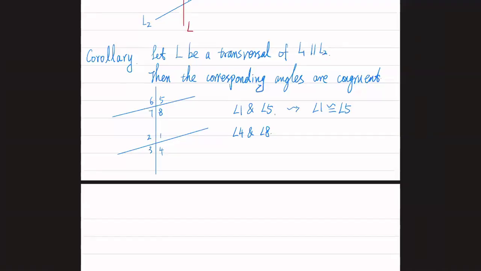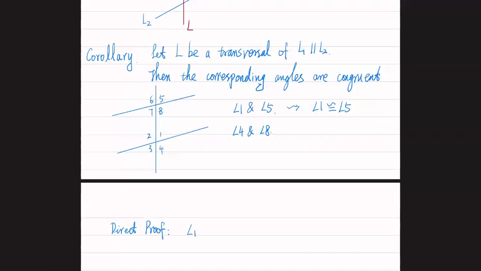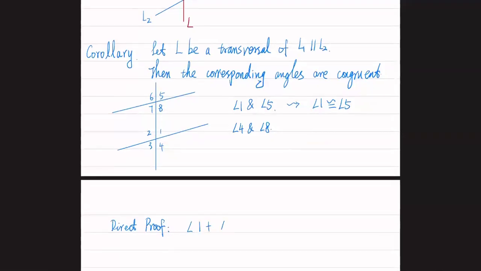So for this, we will give a direct proof. Because the two lines are parallel, to show that they are congruent, we note that 1 and 8, the summation of the two should be a flat angle.